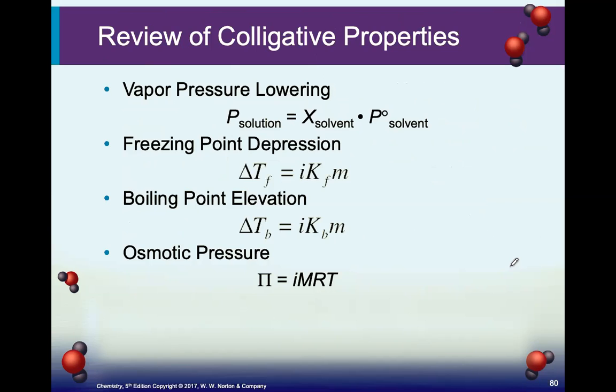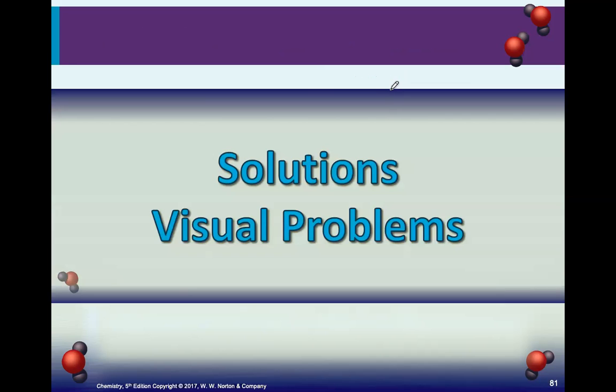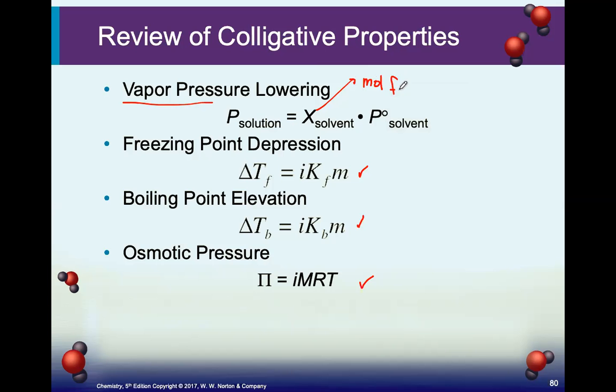Other colligative properties that can be used, besides osmotic pressure and freezing and boiling point that we have already seen, is going to be vapor pressure. Because when you have a pure solvent, this is the mole fraction. And the mole fraction is going to relate to the number of moles of the solute that you're going to put in.